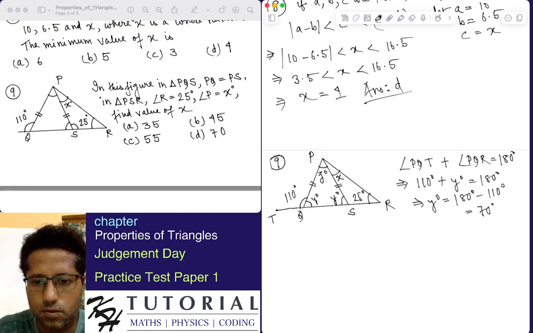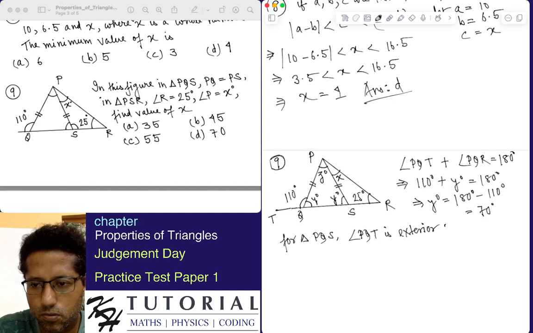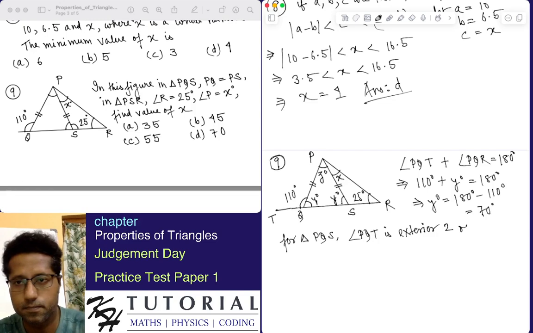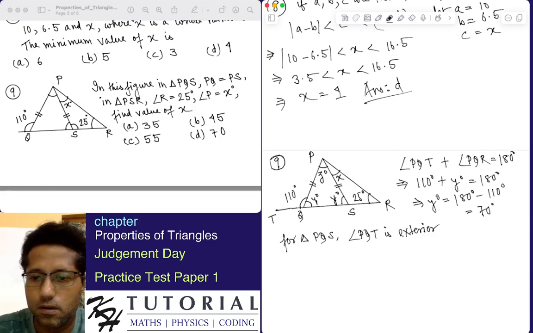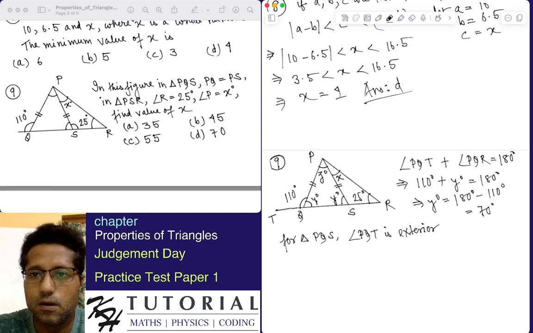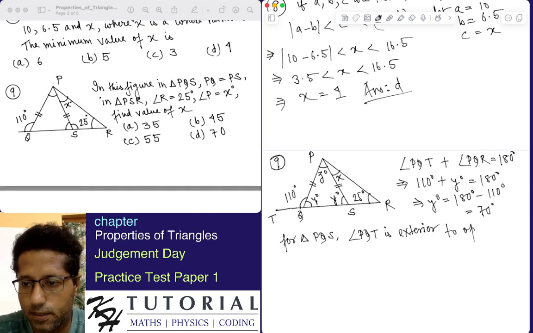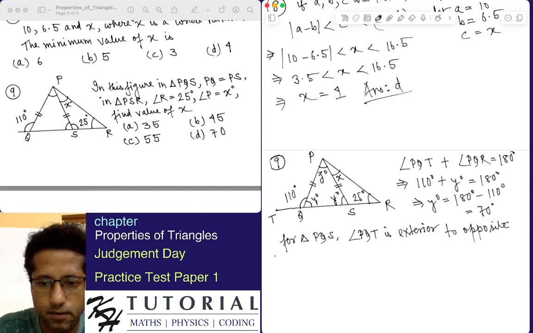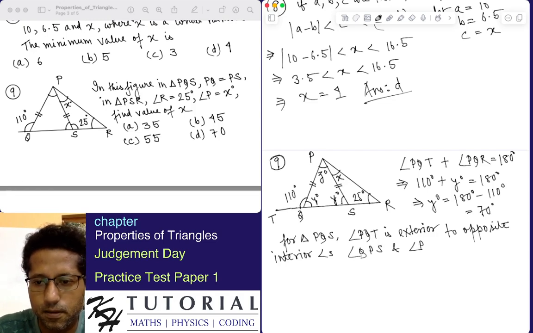Okay. Now also, for triangle PQS, angle PQT is exterior to the opposite interior angles QPS and angle PSQ.